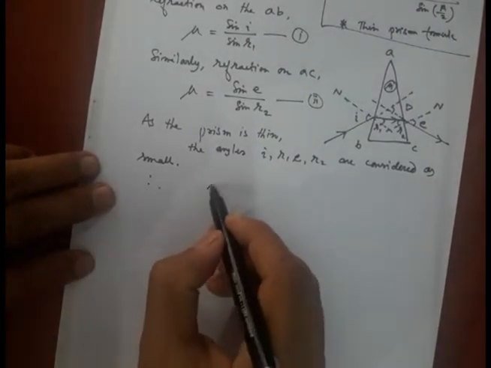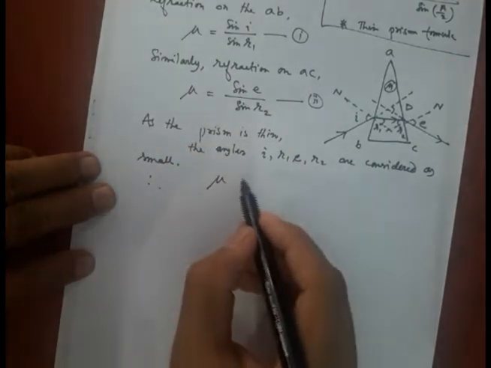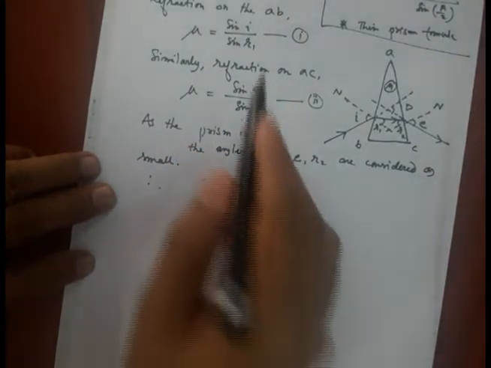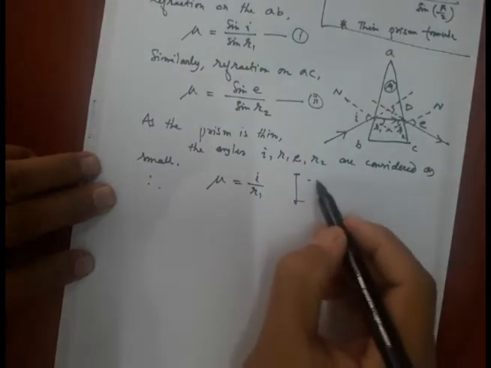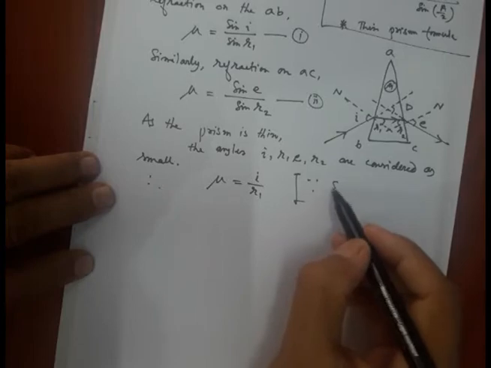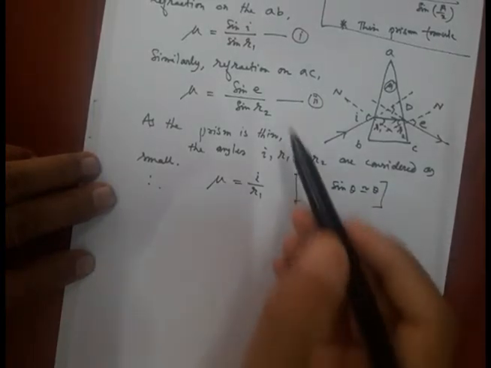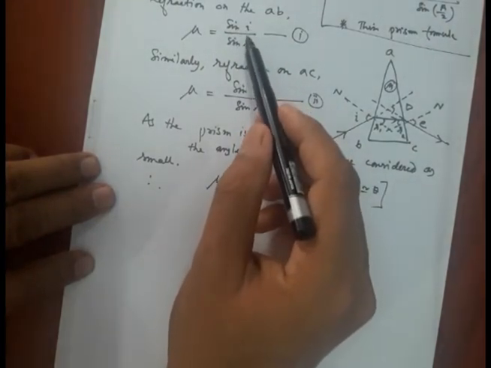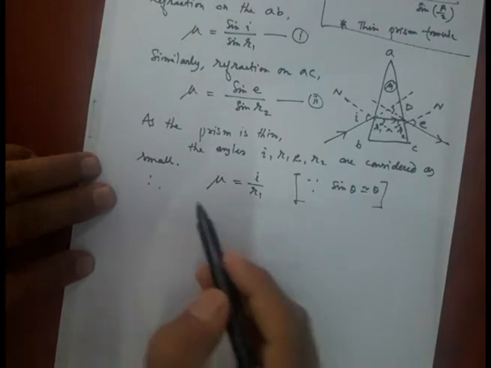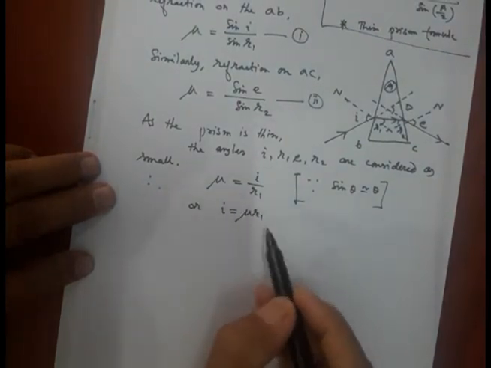Therefore, equation number 1 can be written by replacing sine I by I and sine R1 by R1, because when the angle becomes small, sine theta is equal to theta. So you can remove this sine, and you can write only I and R1. This will give you I is equal to mu R1.